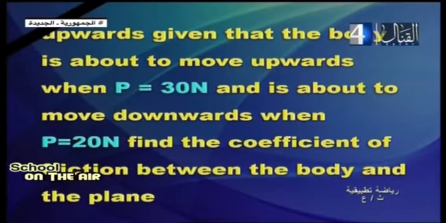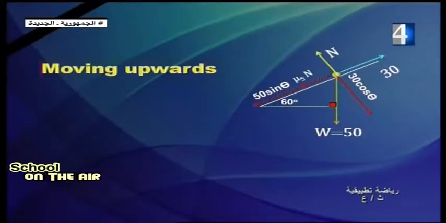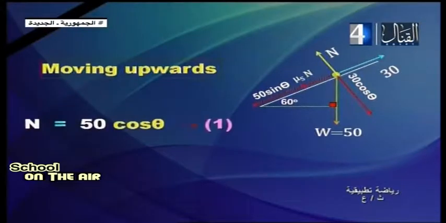Remember, my dear student, we have two motions, upward and downward. Look at the motion upward. Moving upward, we have the weight 50. We resolve it into 50 cosine theta and 50 sine theta, by using the equation N equals 50 cosine theta.